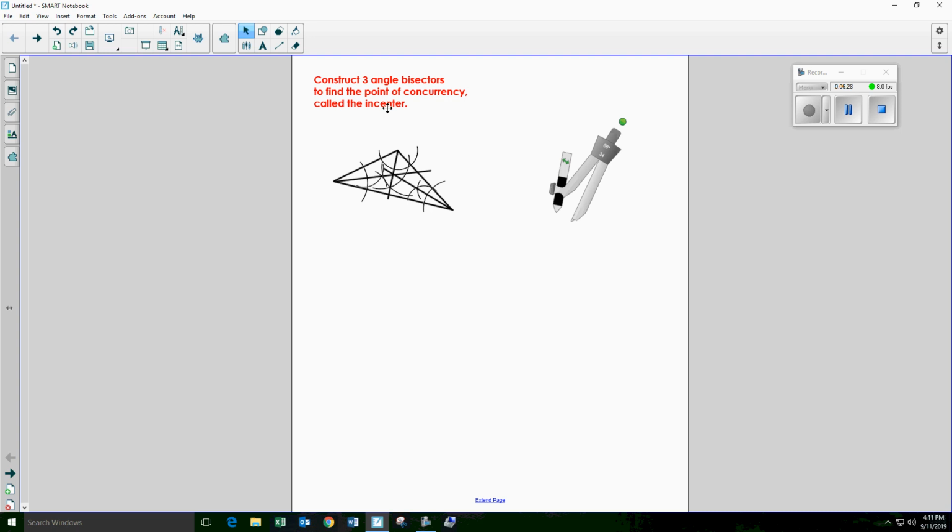Now, I wish I could draw different color arcs so you can see each one, but I don't know how to do it yet if it is possible. Anyway, this point of concurrency called the incenter, what that means is, if I put my pointer right here, and I was to go out at 90 degrees to a segment, because the shortest distance from a point off the line to a side is at a 90-degree angle.